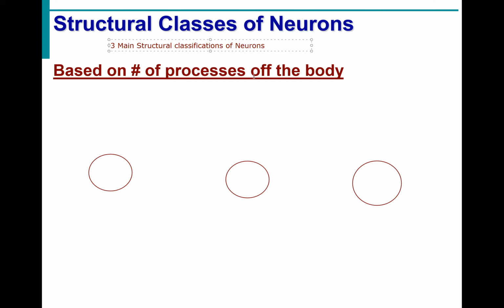And they're based on the number of processes that come off the body. One of the important things to remember is that there are 2 types of processes. And again, for consistency's sake, let's go with color. There are going to be dendrites.